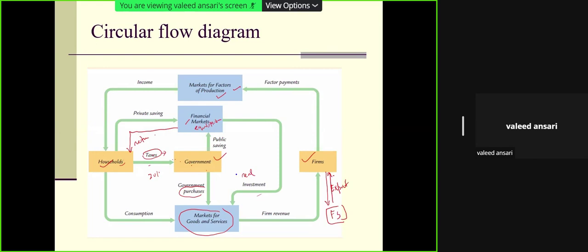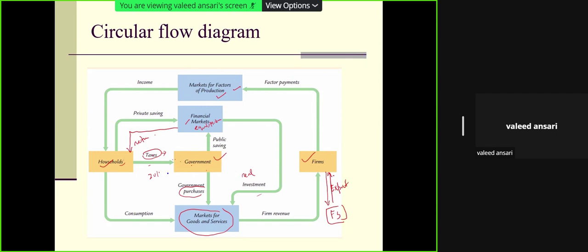So we can see here that this diagram is helpful in understanding. Let me repeat what I am saying. We can visualize the economy as made of various components. These components broadly are the household sector, and the firm, which utilizes the services of households for producing goods and services. Then there is a government which puts taxes, and I haven't introduced subsidies here.